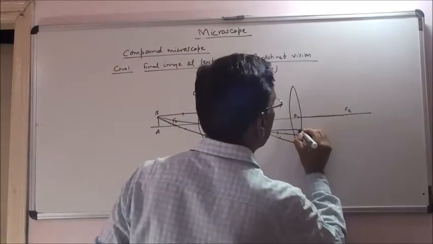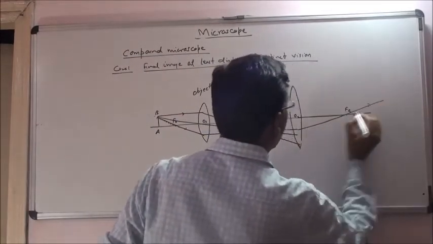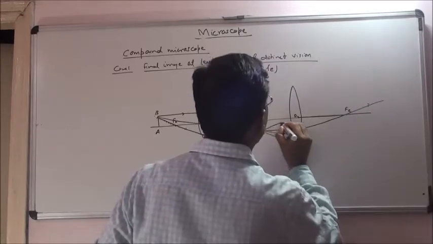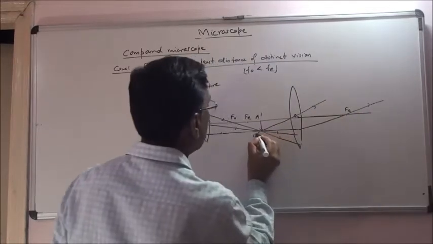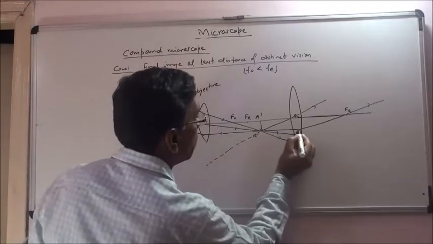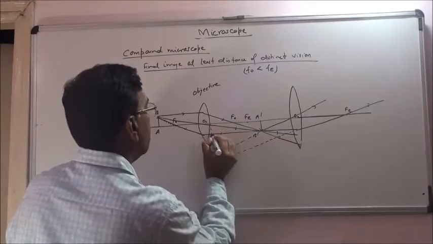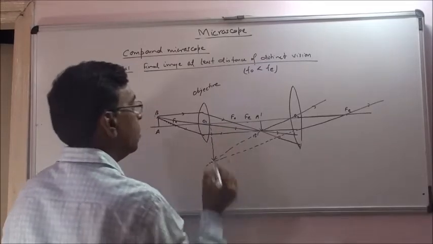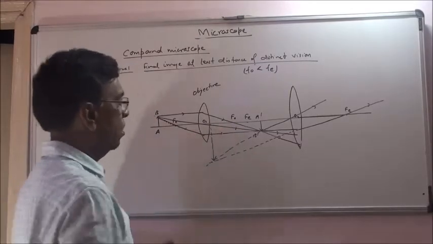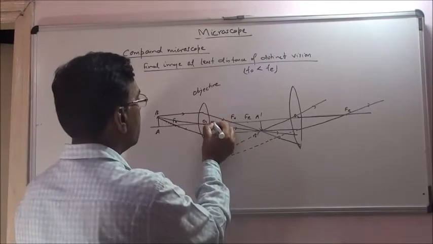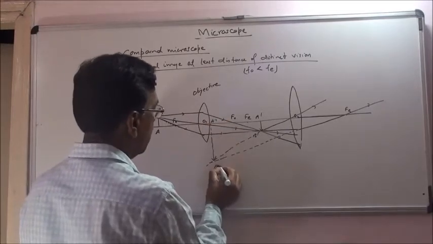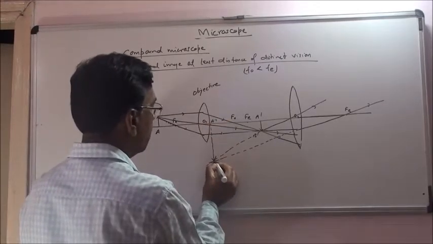Parallel one will pass through FE and one will pass through this, and wherever they meet, wherever they may meet here or here, A dash B dash, this is A double dash and B double dash.